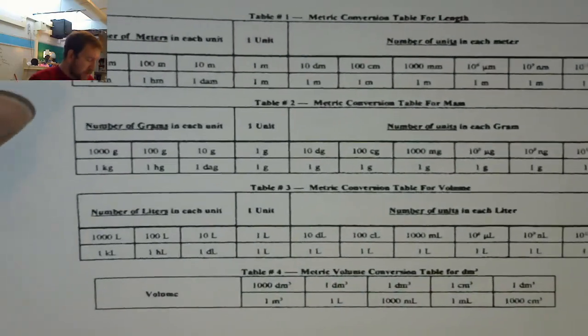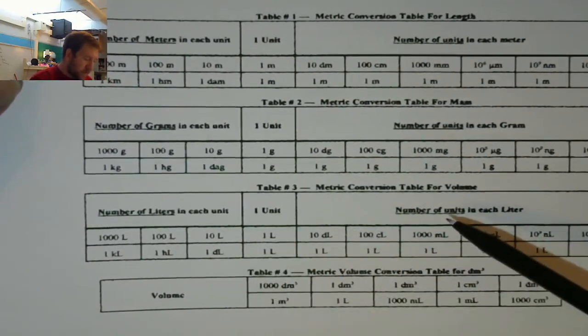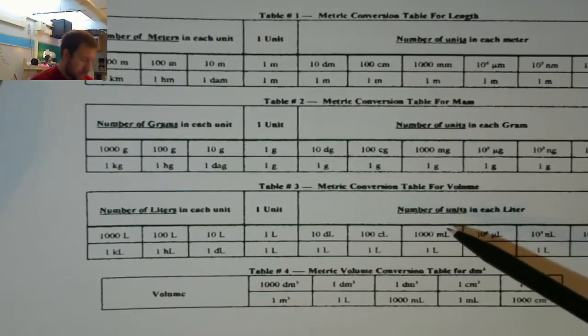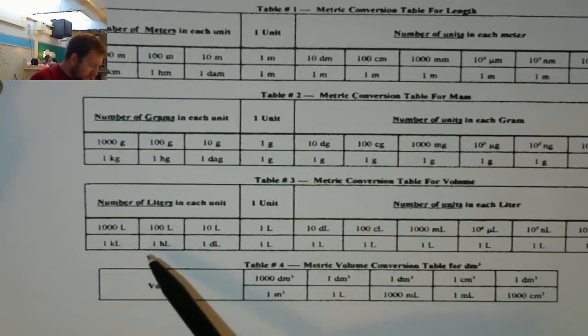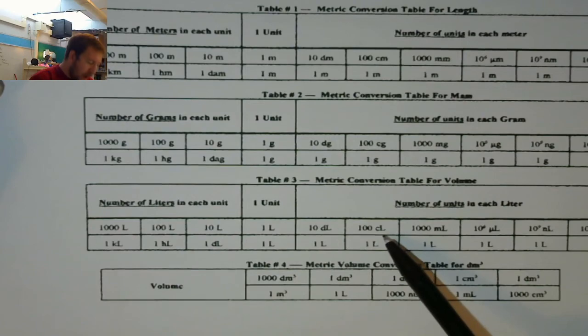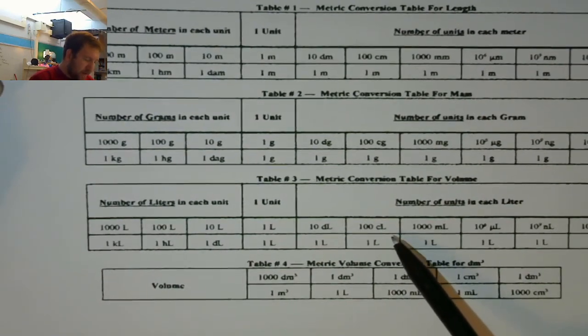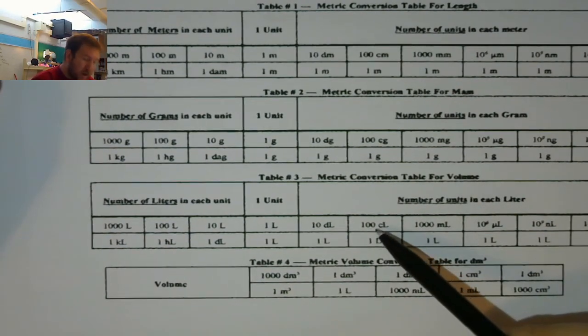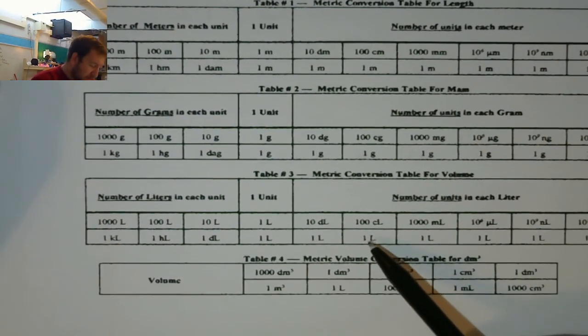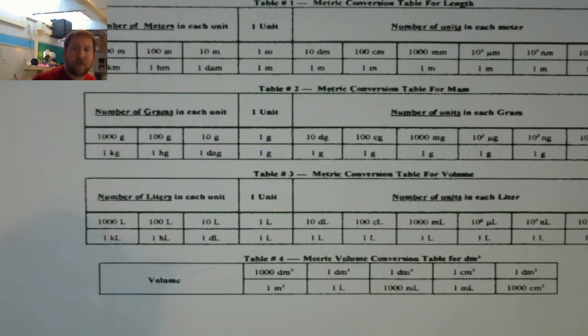So that means I'm going to look at this third section. It says a metric conversion table for volume. Okay, so I'm going to look where my centiliters are. Right here, CL. Because I know that centa is kind of like a little c, just like in centimeter, and it means 100 of the above. Oh, and I can see 1 liter is 100 centiliters.